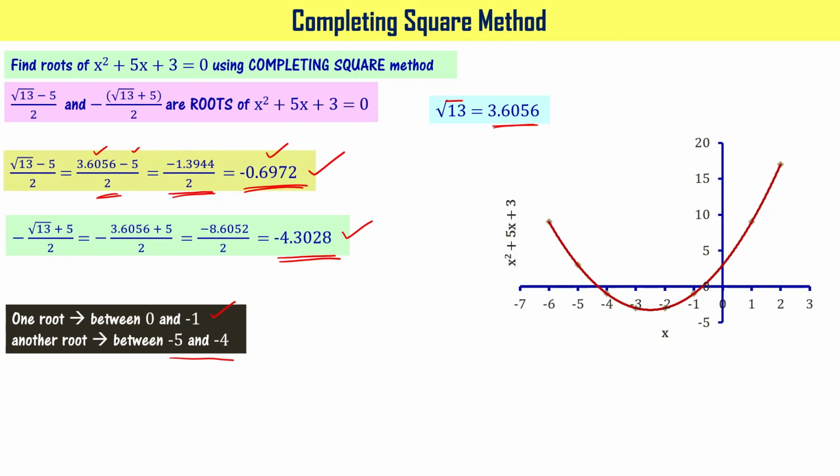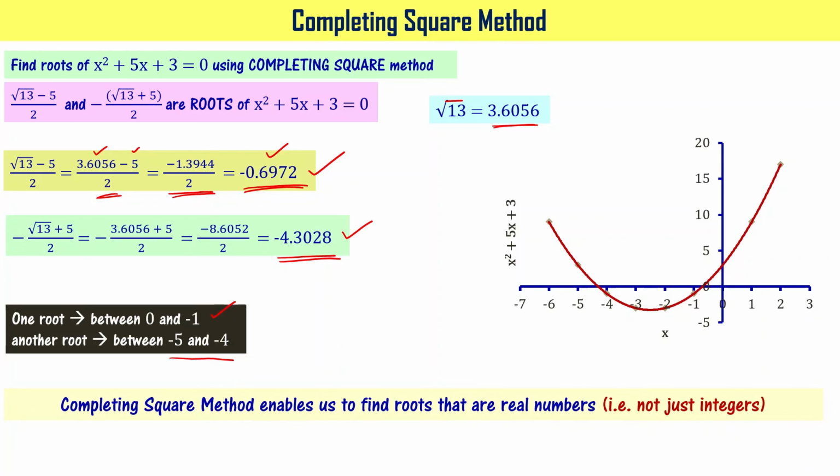What you have understood now by doing all this exercise is that the completing square method is going to help you find roots that are real numbers, not just integers. In the case of the factorization method, we could express the middle term and product of other two terms, coefficients, as product of two integers or sum of two integers, right?